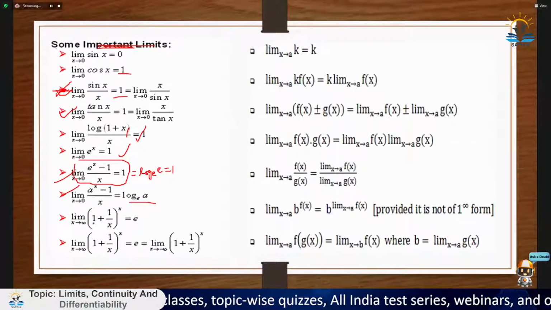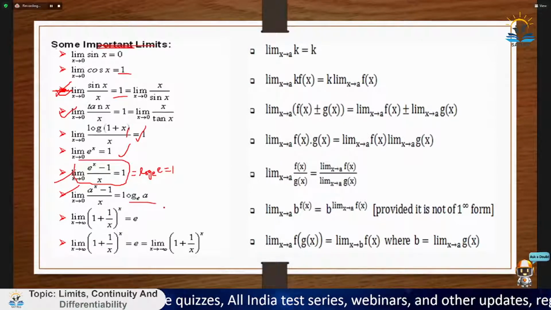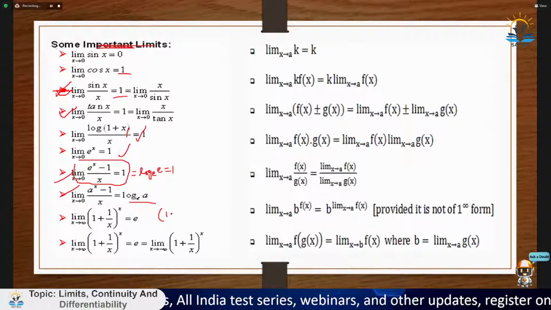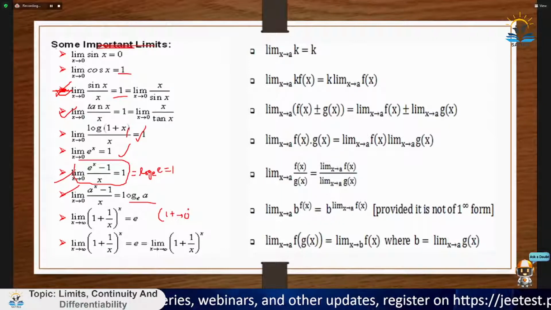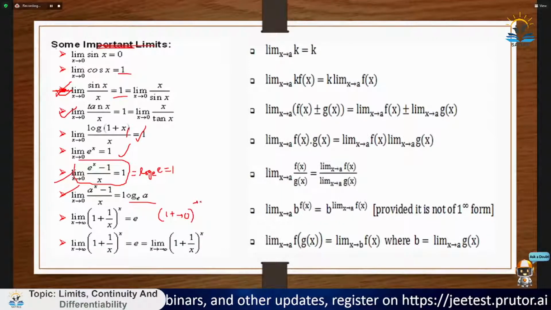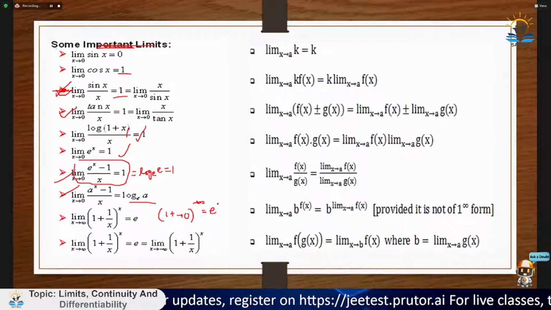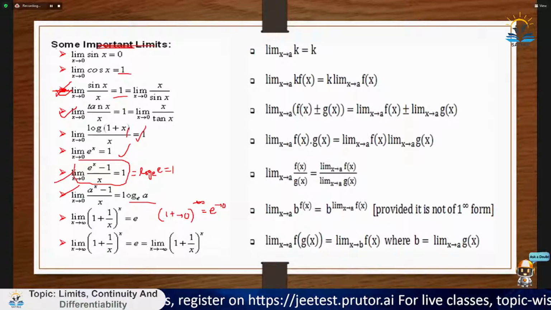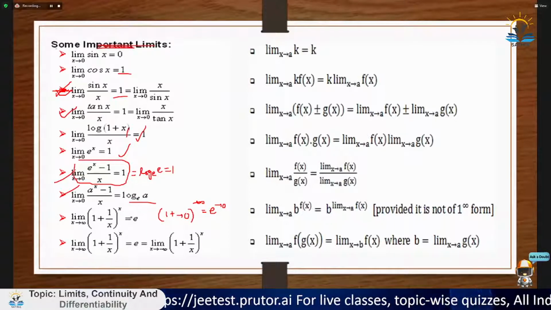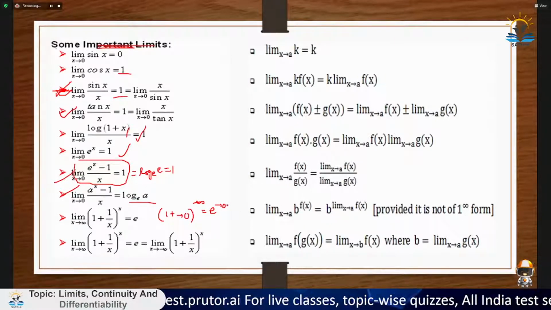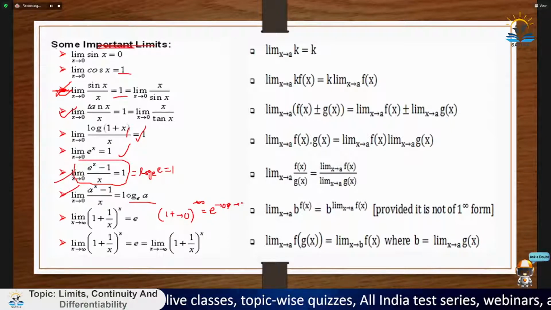So limit of 1 plus something tending to 0, power something tending to infinity, is equal to e power something tending to 0 multiplied by something tending to infinity.